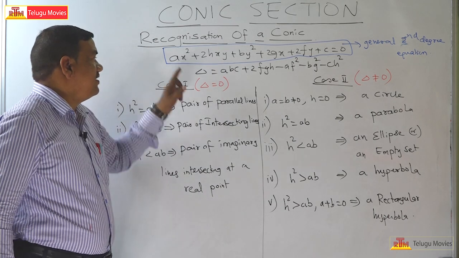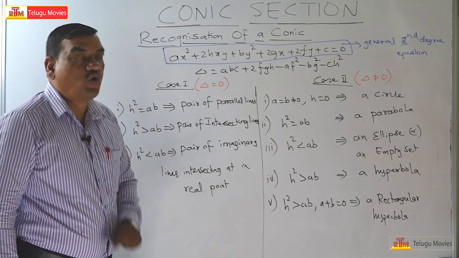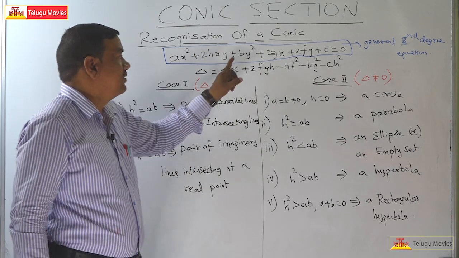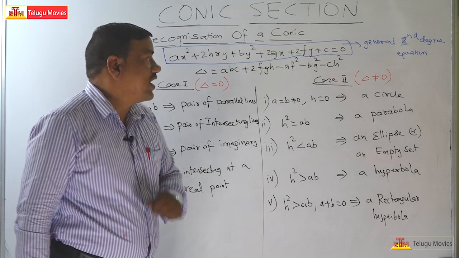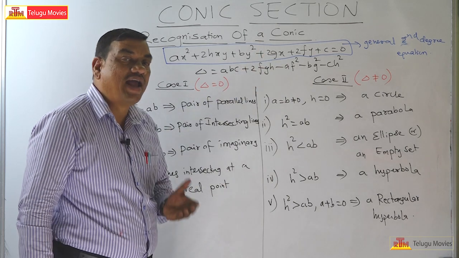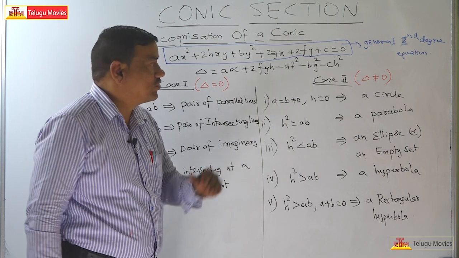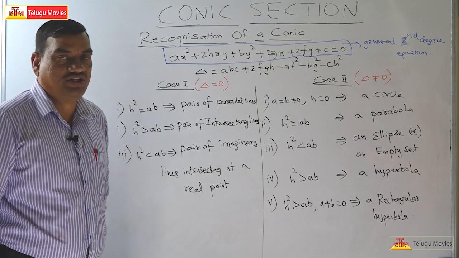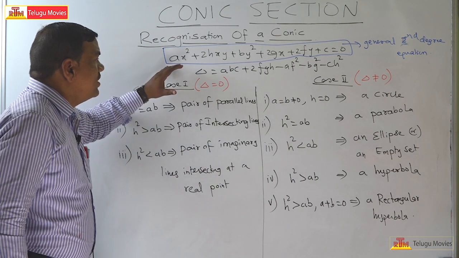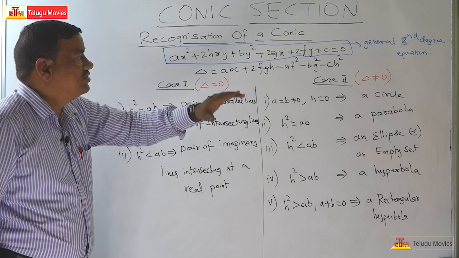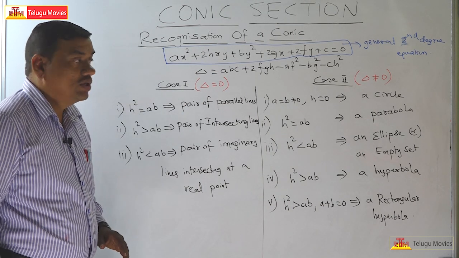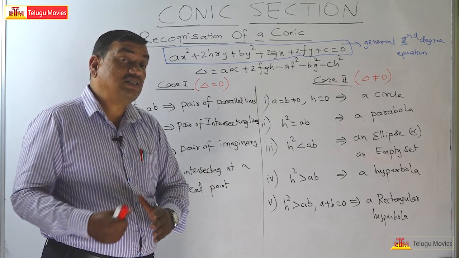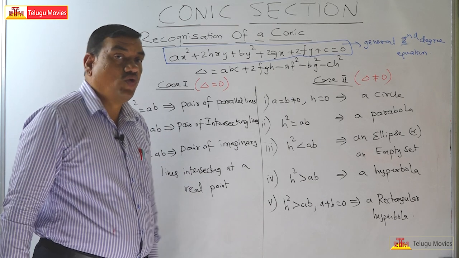In particular, a is called the x square coefficient, 2h is called the xy coefficient, b is called the y square coefficient, 2g is called the x coefficient, 2f is called the y coefficient, and c is called the constant term of the general second degree equation. Right, depending upon this a value, h value, b value, g value, f value, c value, we will get different shapes. That equation represents the different types of conics.